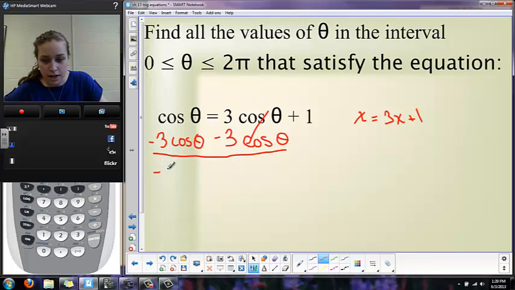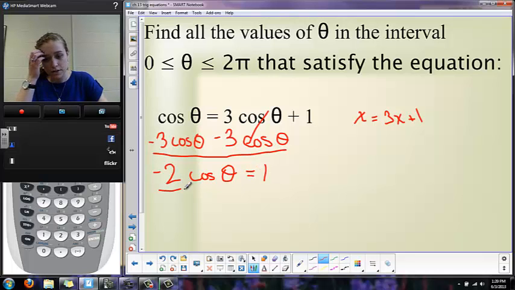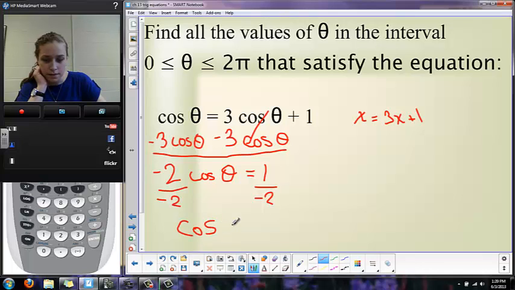That's going to give me a negative 2 cosine theta is equal to 1. Now I'm going to divide both sides by a negative 2. So cosine theta is equal to a negative 1/2.